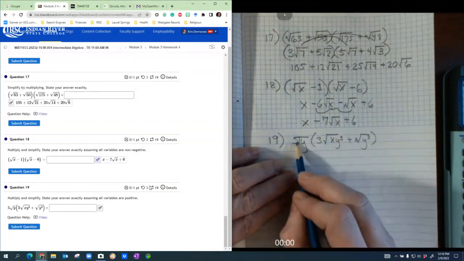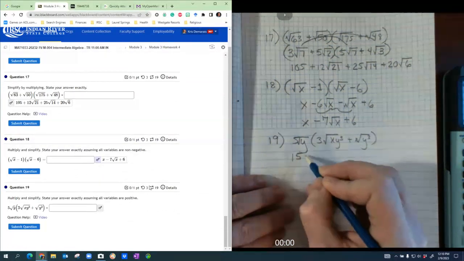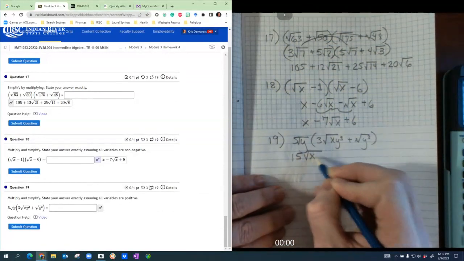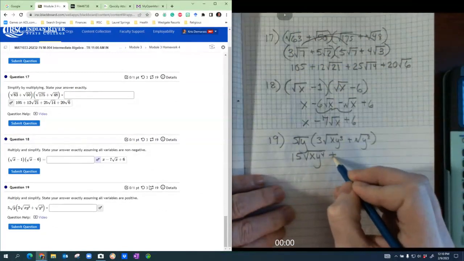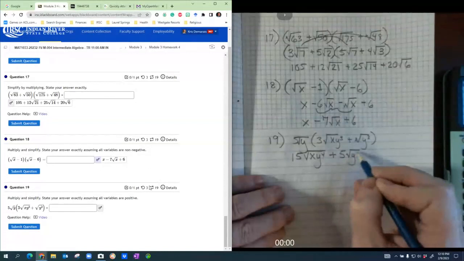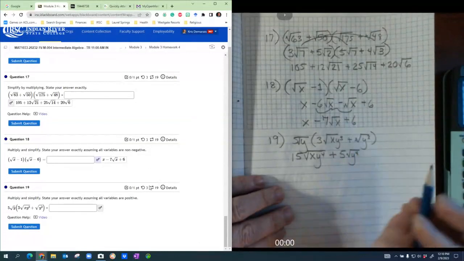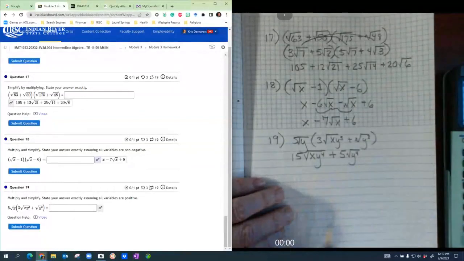Now, when we multiply this out, we're going to get 15 radical x y to the 4th, and then y times y to the 3rd is y to the 4th.